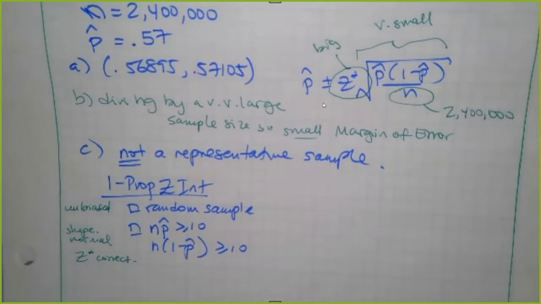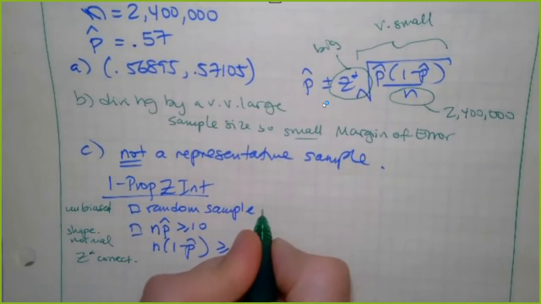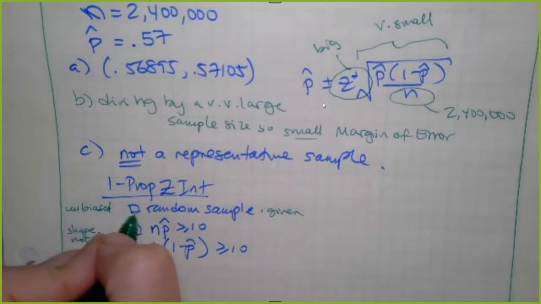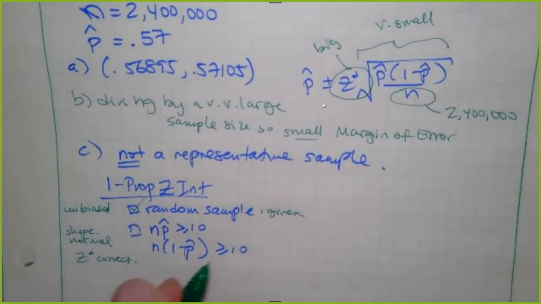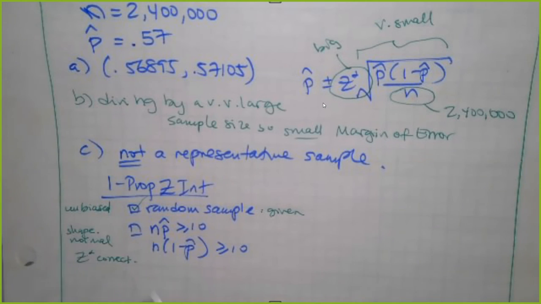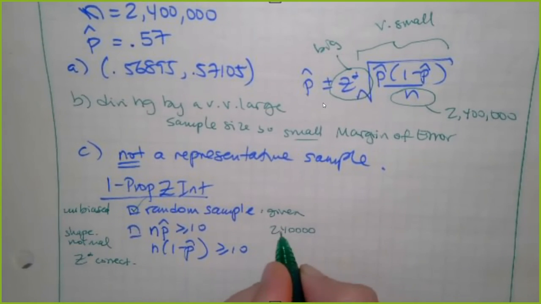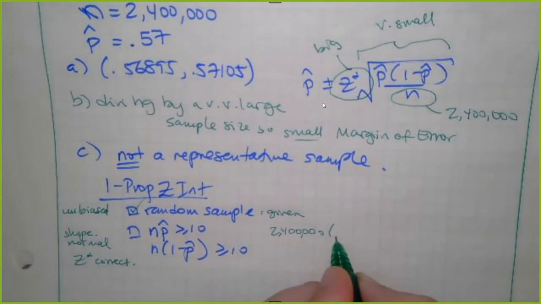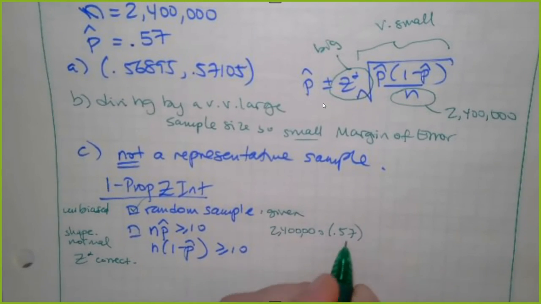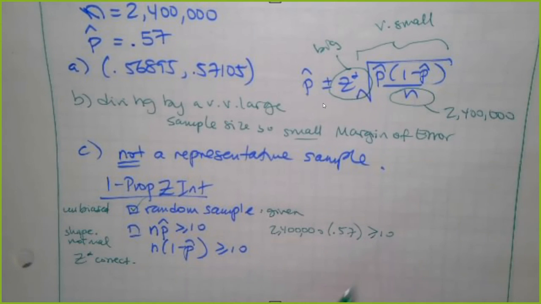So when you do this, you want to say random sample is given, the study was random, check it off. And then for the n p-hat, you would show the numbers. So this one, let's do it. Sample size is ridiculous times the p-hat, which is 0.57, you're going to get a very large number. This is bigger than 10.